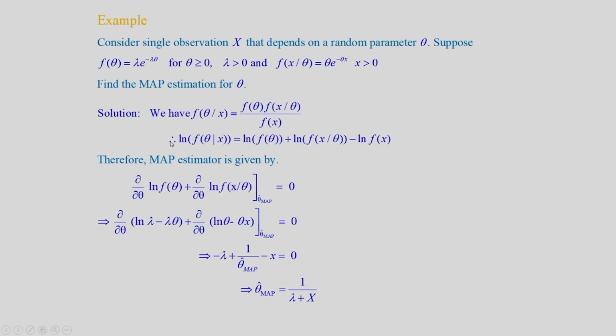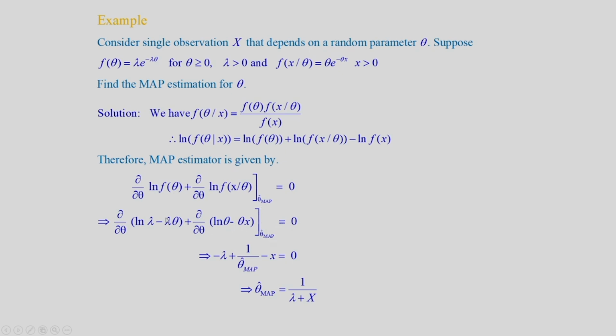So now we have to take the partial derivative. Since the PDFs are given here, we can find log of f theta. Similarly, we can find log of this expression, and if we take the partial derivative, we can write del theta of log lambda minus lambda theta plus del theta of log theta minus theta x at theta hat MAP is equal to 0.